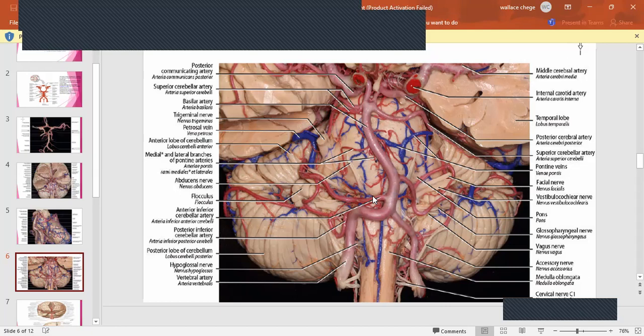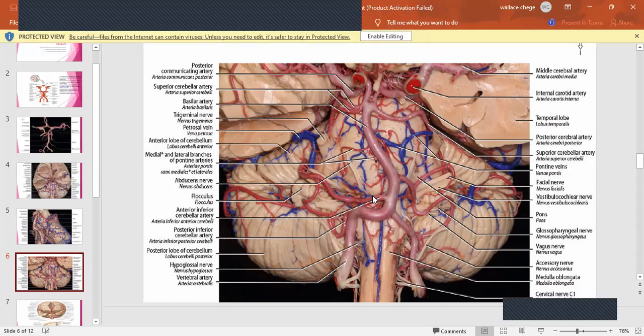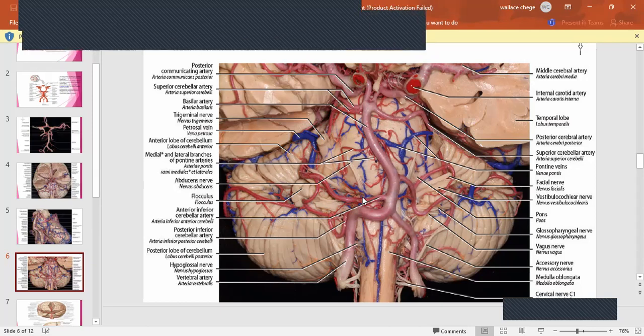The labyrinthine artery can either originate directly from the basilar or from the anterior inferior cerebral artery. Remember, the labyrinthine artery exits the cranial cavity via the internal auditory meatus. It goes to the ear to supply the ear.